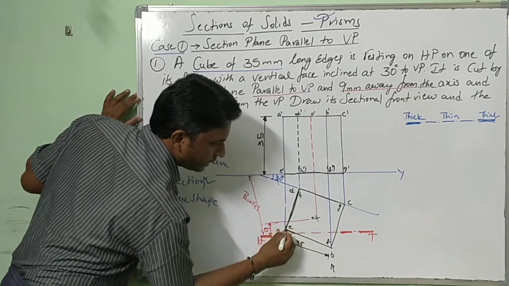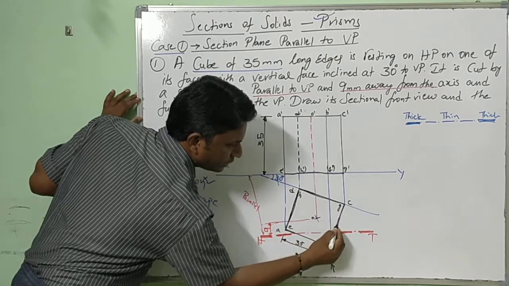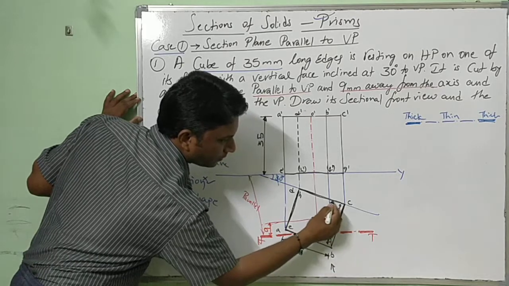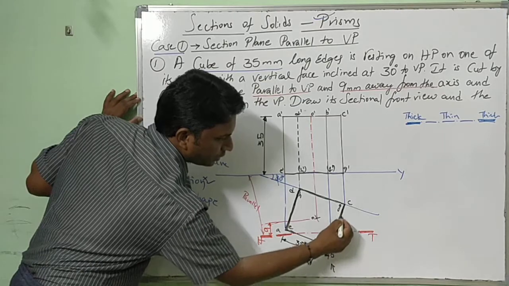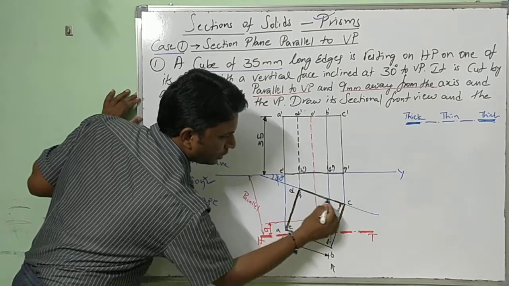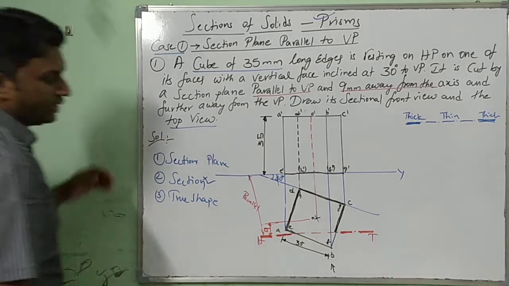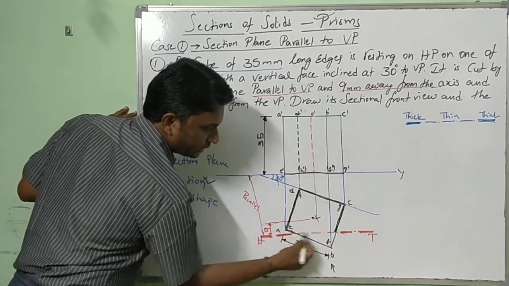I am drawing double lines, some thick lines, up to the cutting plane. This is the top view. You can see the difference? Top view, right? Where it coincides with the section plane, right? See where it coincided at these locations.